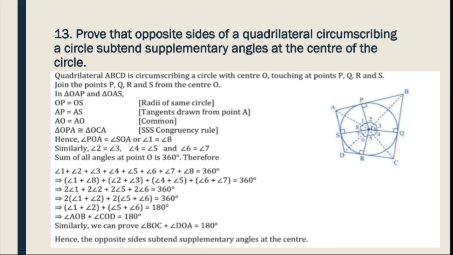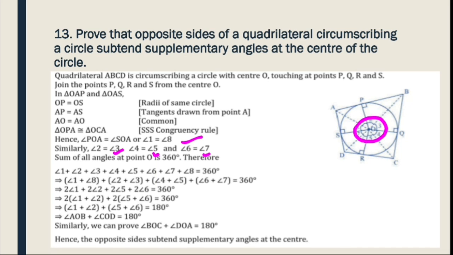Okay. Similarly, you can prove that angle 2 is equal to angle 3, angle 4 is equal to angle 5, and angle 6 is equal to angle 7. So you are getting these 4 equations. Now, if you add these 8 angles, 1, 2, 3, 4, 5, 6, 7, 8, you will get the whole circle.